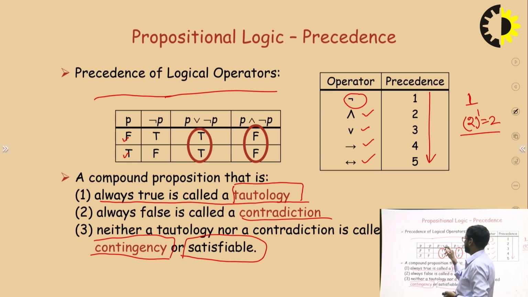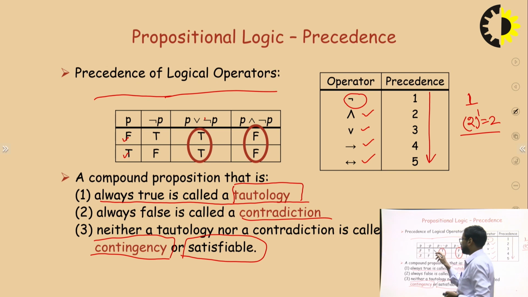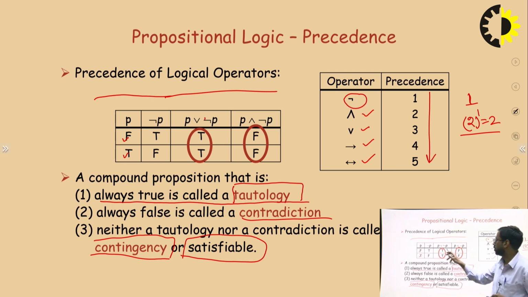Now p logical or negation p. As we discussed in previous slides about logical or, if one of the variables has the value true, the result will be true. False, true, true, true, false, true. It shows a tautology.